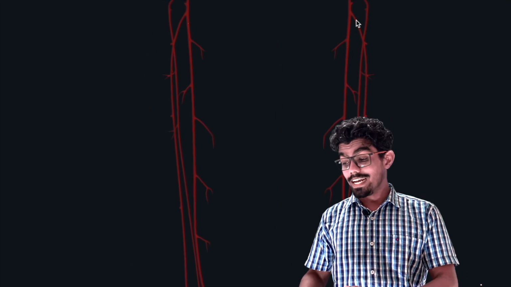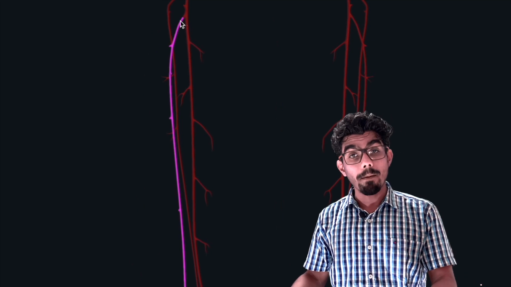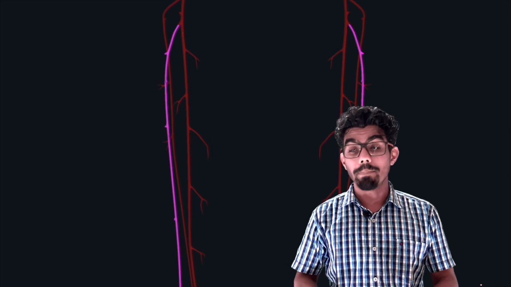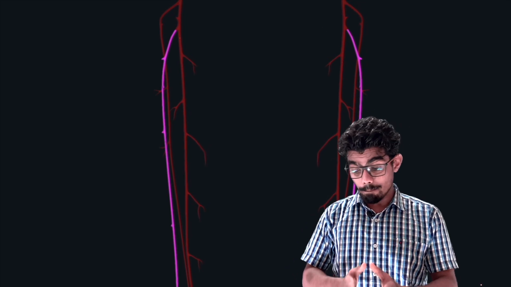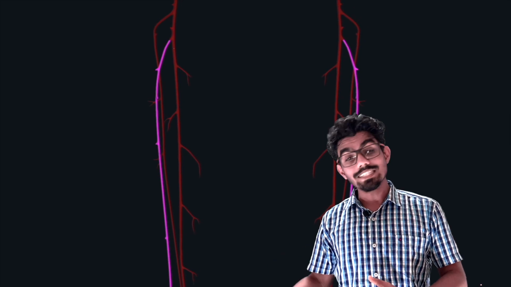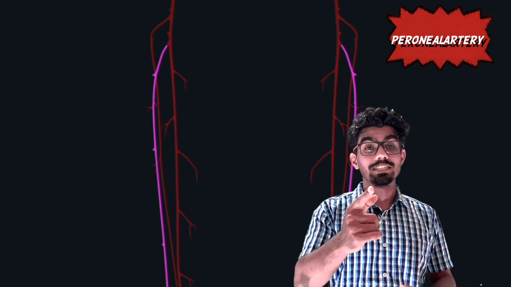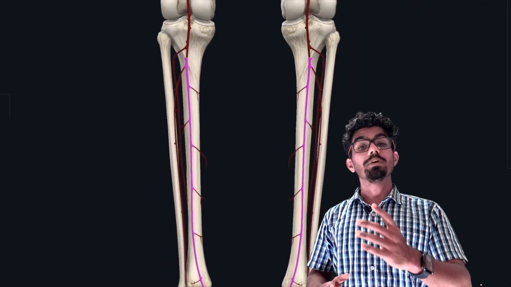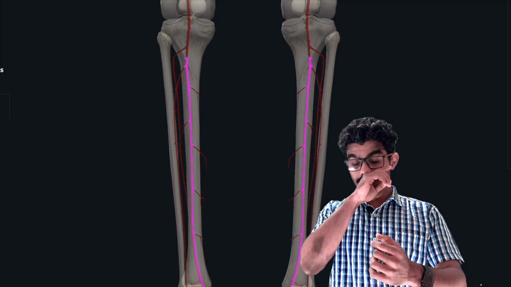The laterally present bone is your fibula, and the fibular region is also called the peroneal region. That's why the branch of the posterior tibial artery which goes laterally is called the peroneal artery.